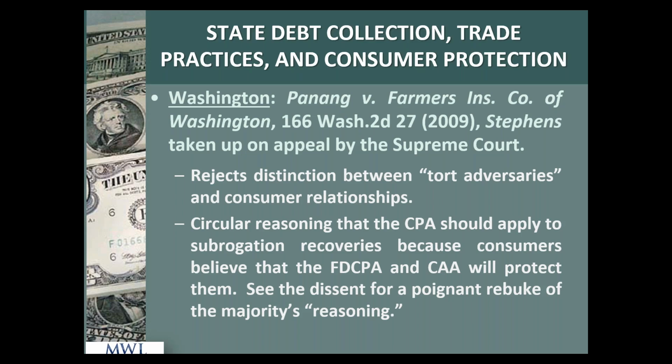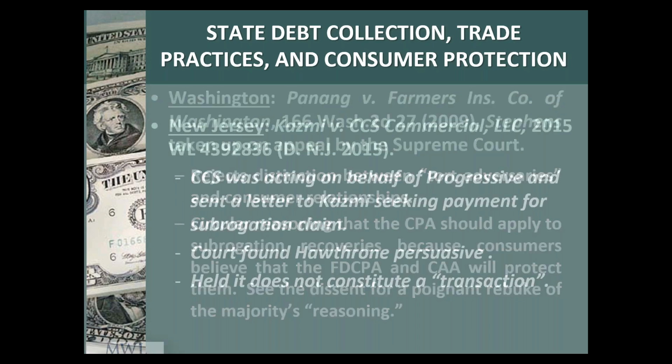It is interesting because the Supreme Court said, well, it is deceptive because consumers think that the FDCPA and Collection Agency Act, and to some degree the insurance code, are going to protect them. And it won't. So these activities that people think incorrectly would fall under that, well, that's deceptive. So we're going to apply it because people think other stuff will apply, which is not very sound reasoning.